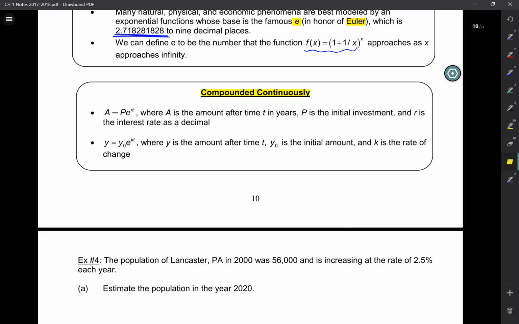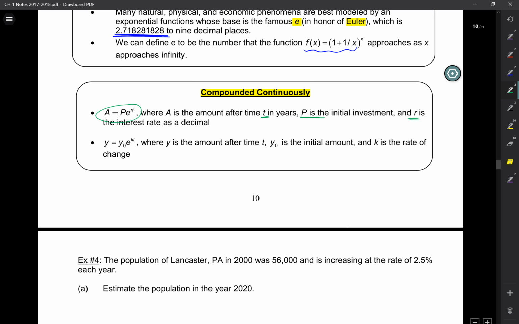So if you have money invested in a bank account, we know this formula, we call it A = P e to the r t. So A is the balance in the account after several years. t is time in years. P is the initial investment, it's how much you go to the bank with. And r is the rate.